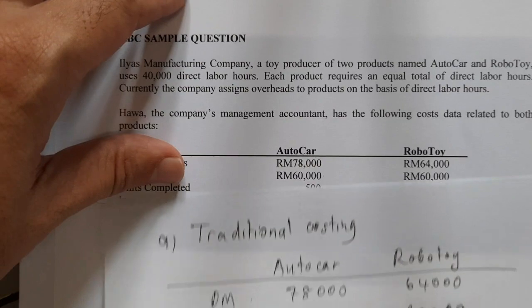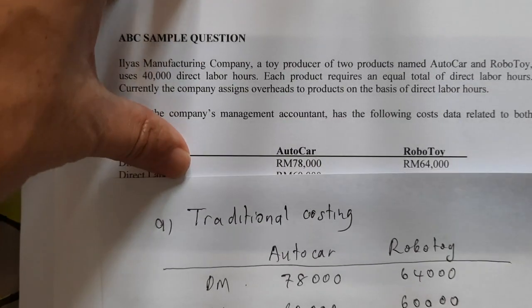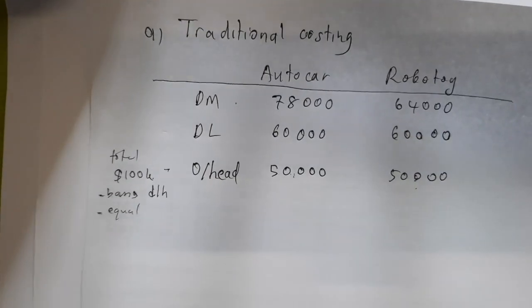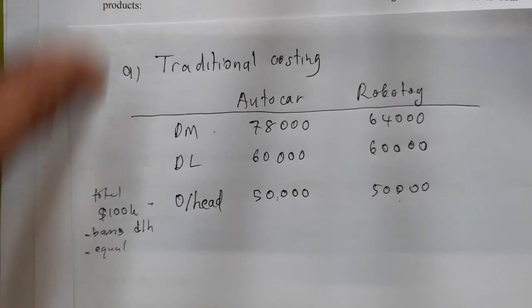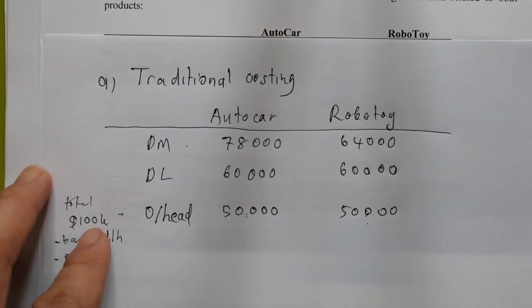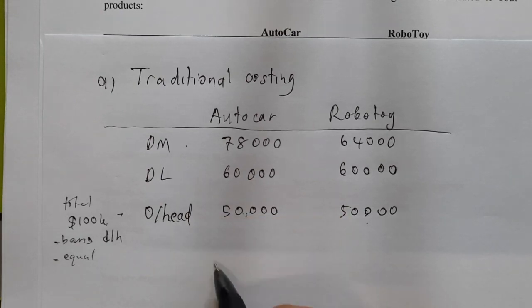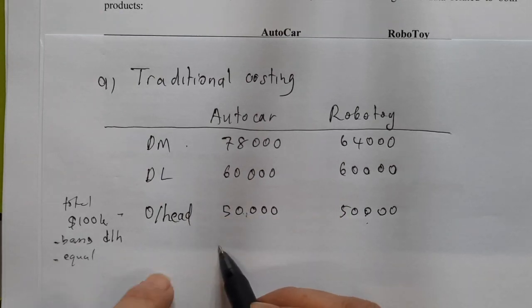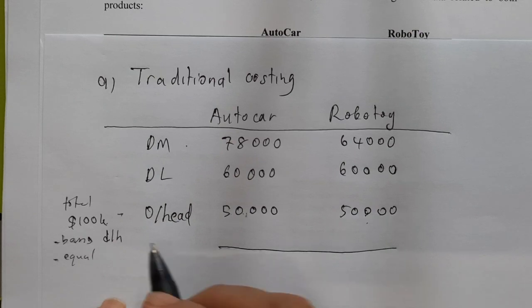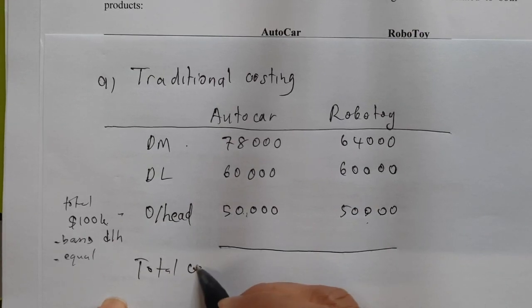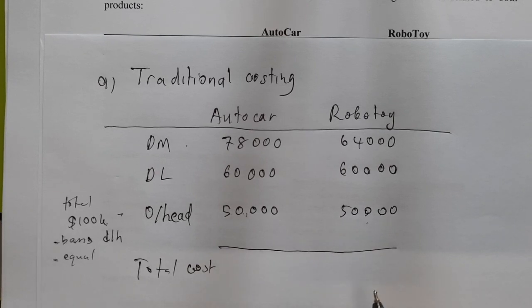The question asks you to calculate the unit cost. Okay, so how to answer that question? So after you got these three costs, you calculate the total cost. So how much is the total cost for autocar?